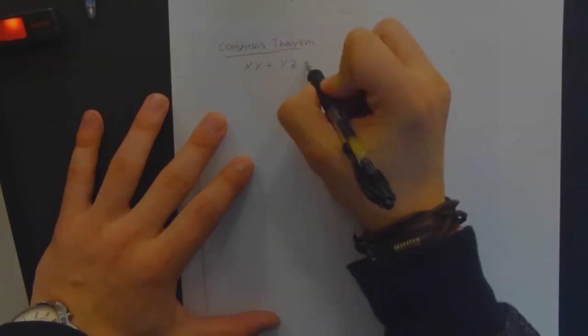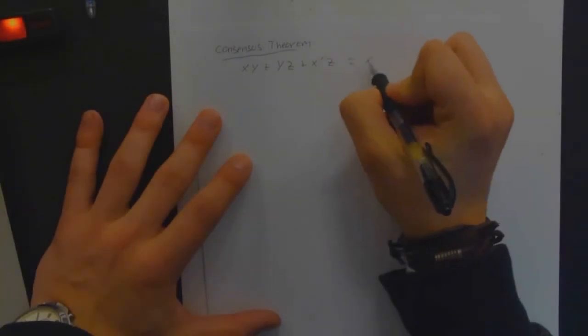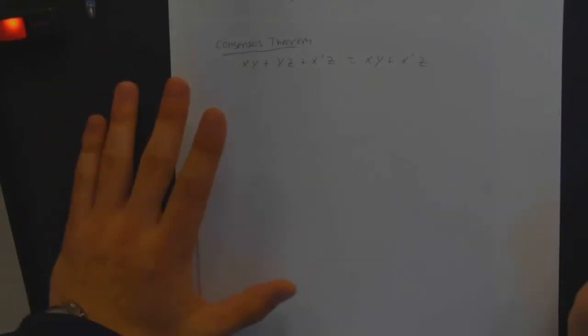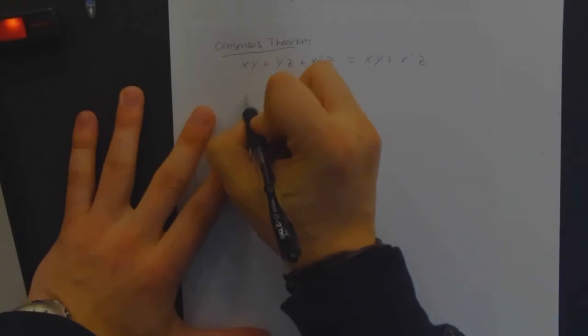All right, so it's XY or YZ or X prime Z is equal to XY or X prime Z. Factor out the common term, that's my best guess. Without doing any sort of crazy stuff, we're just going to go straight algebra and do like reverse stuff.